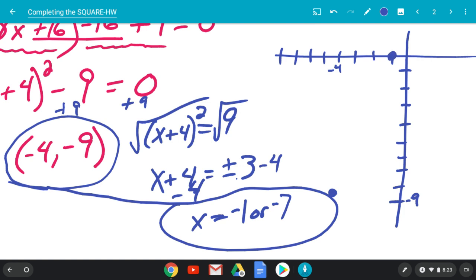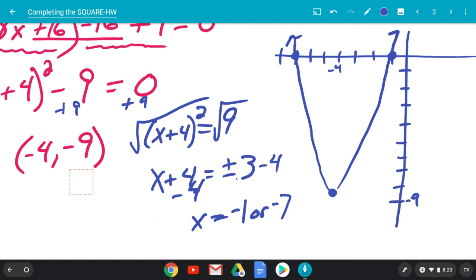Negative 1 and 5, 6, 7, and negative 7. Isn't that cool? Huh? Exciting stuff, huh?